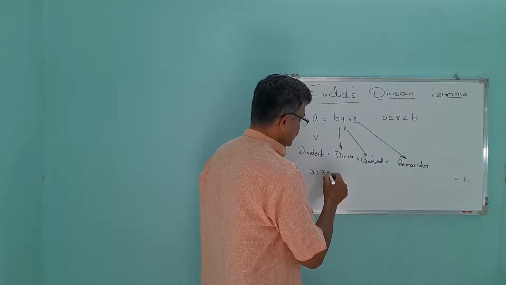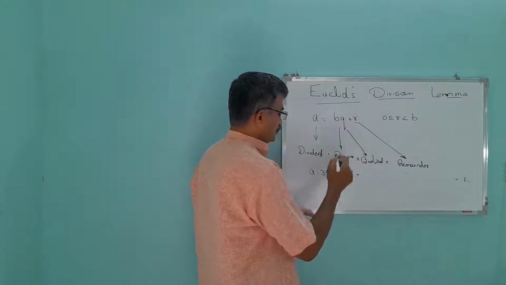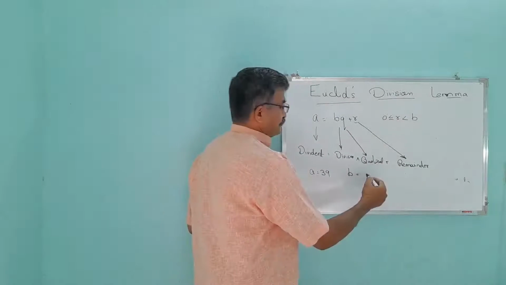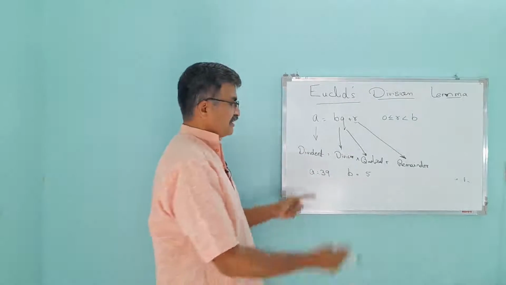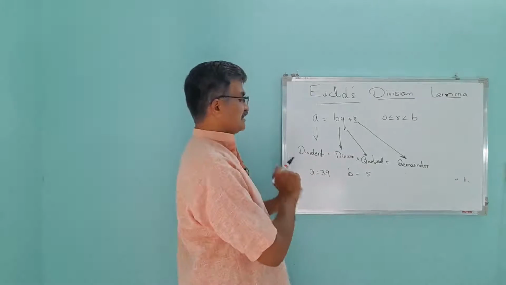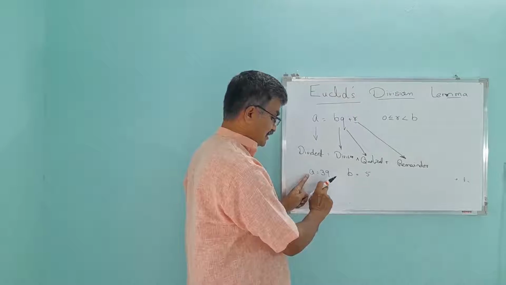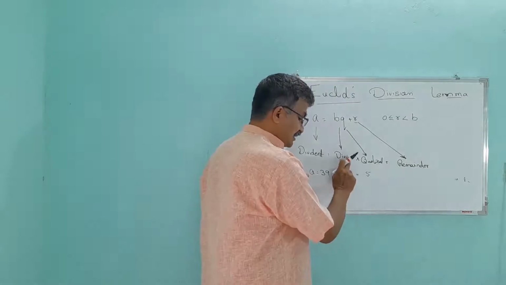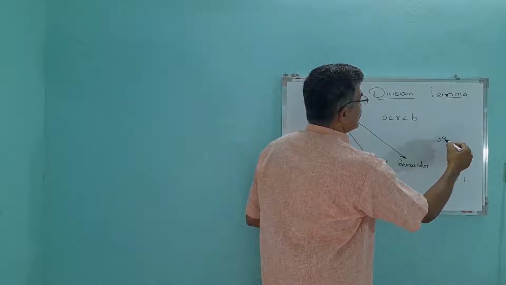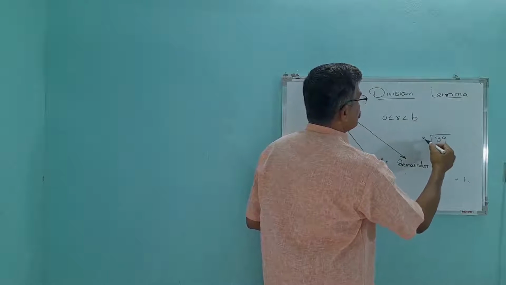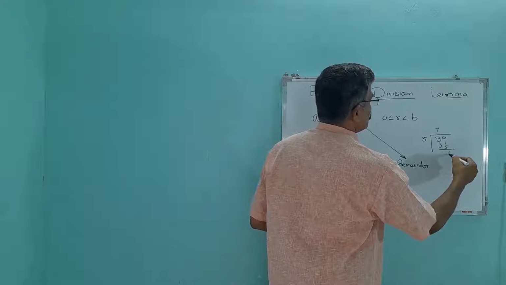Take a equal to 39 and b equal to 5. In lower classes, you have studied how to divide a by b. a is the dividend and b is the divisor. Then 39 divided by 5: 5 sevens are 35, remainder 4.